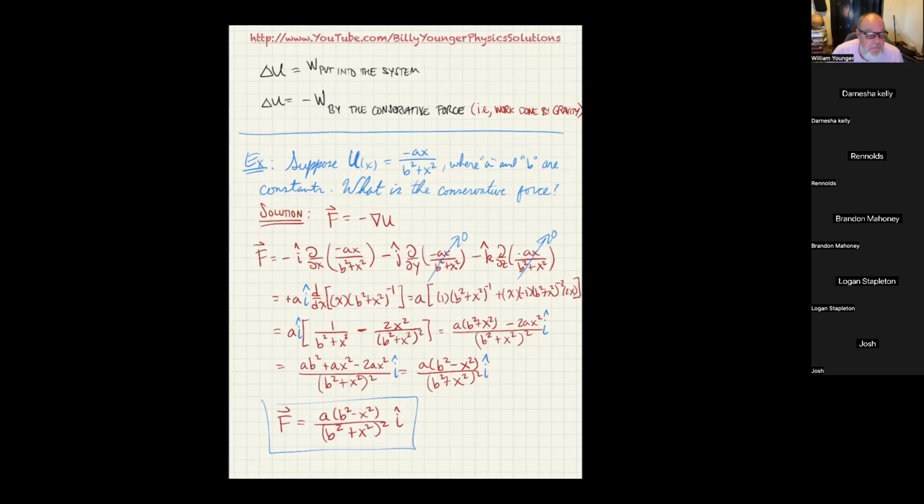I've told you what I use for my conservation of energy. And your book gives you some sentences that are helpful. So conservation of mechanical energy: if only conservative forces do work, the total mechanical energy of a system neither increases nor decreases in any process. It stays a constant. It is conserved.